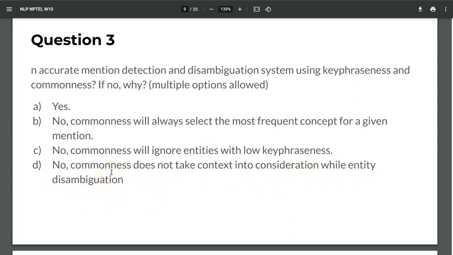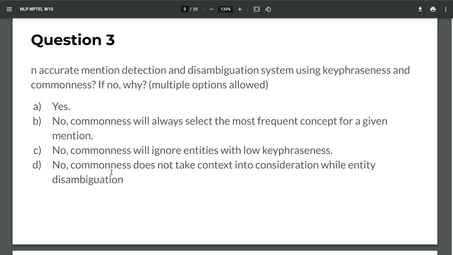If you remember, commonness just counts the number of times that word links to the other Wikipedia pages, but it does not consider the left or right context of the particular word. So this is a problem for disambiguation. When you want to disambiguate a word, it is always better to see the context, but without seeing the context it will be difficult.